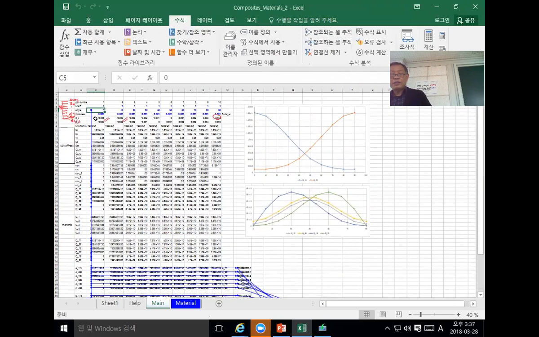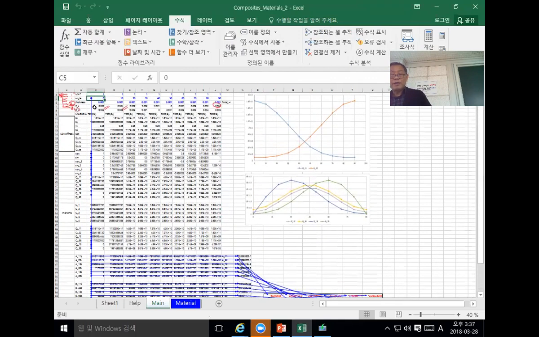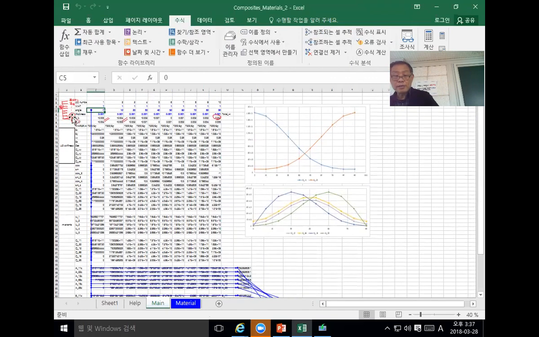So each ply, starting from material property and thickness and angle and ply stiffness on axis.